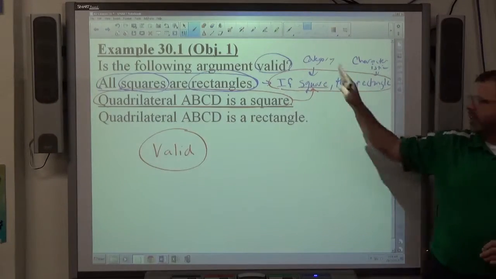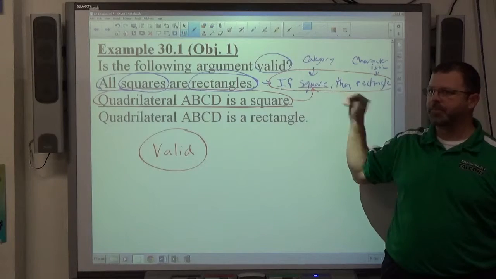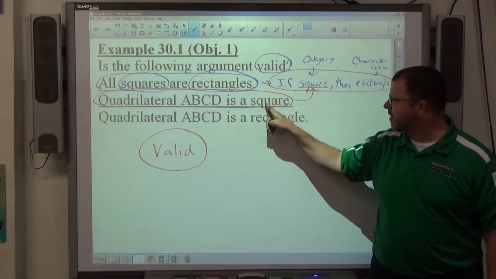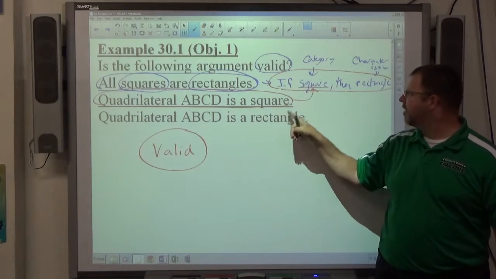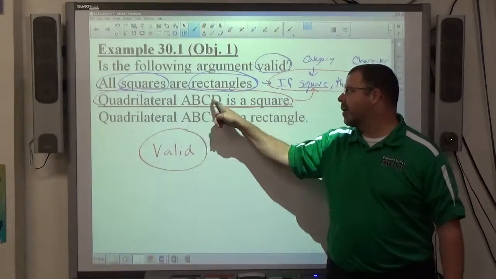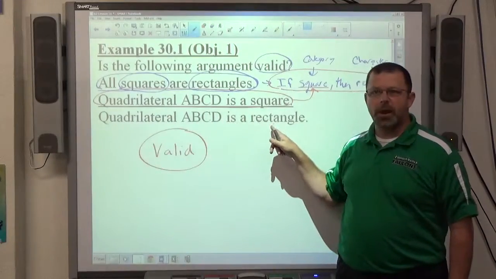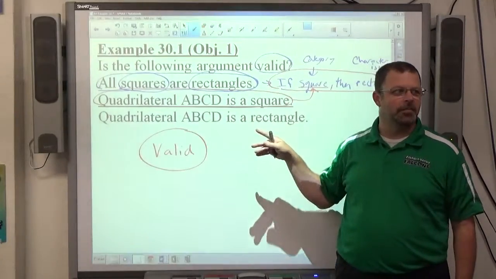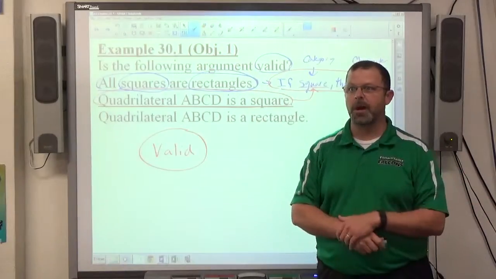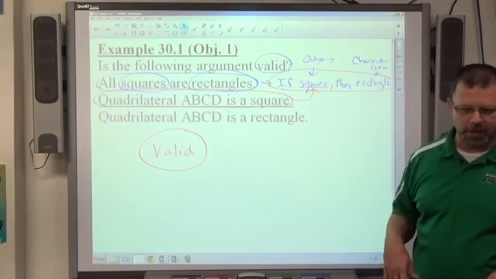But if it's a categorical statement, I want to see where you transformed it into an if-then statement. And as long as this is that and this is that, then that's valid. If this said quadrilateral ABCD is a square, quadrilateral ABCD is a triangle, that'd be invalid, right? Because it's not the logical conclusion from the minor premise. So that's one way of invalid happening, but we'll see invalid here in a minute.